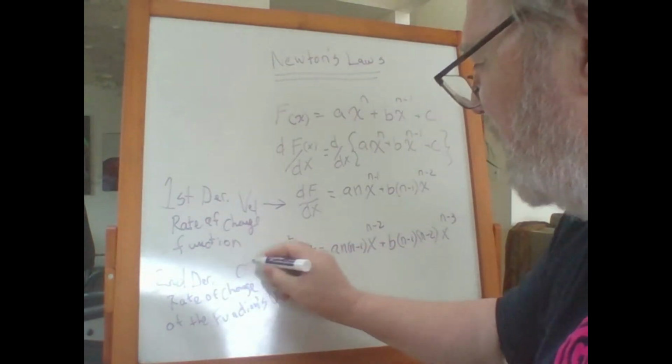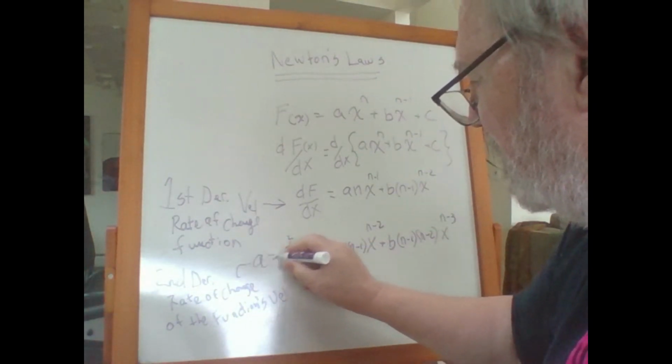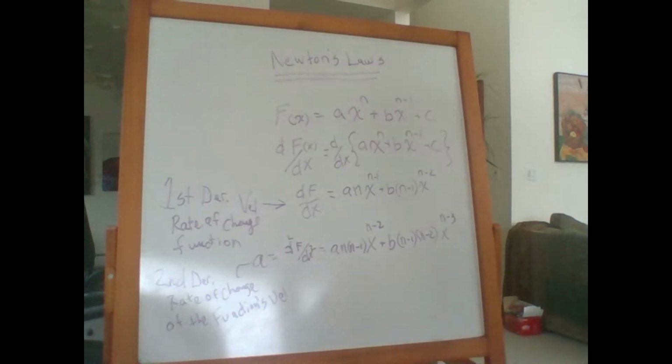This is the acceleration. So we have the first derivative is the velocity of the function. The second derivative is the acceleration.